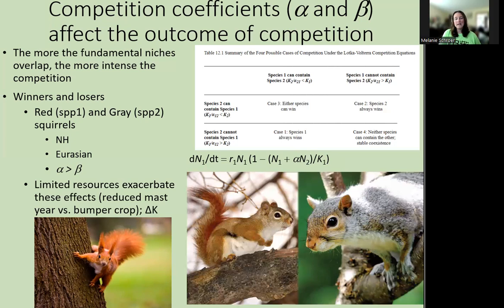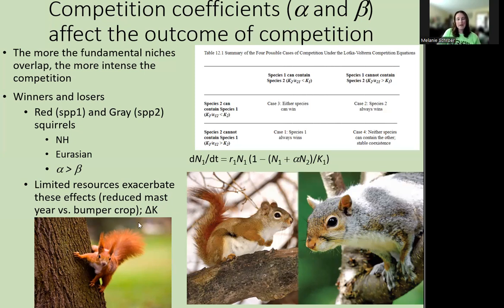And of course, limited resources definitely exacerbate these effects. So maybe if there is a bumper crop, so lots and lots of acorns, then there's kind of enough for both species to coexist. But if there's a reduced mast year, so mast, the fruits of the plant, so reduced mast year, that ultimately would promote even fiercer competition between these two species.